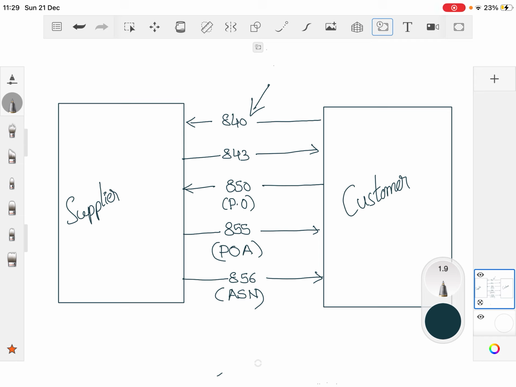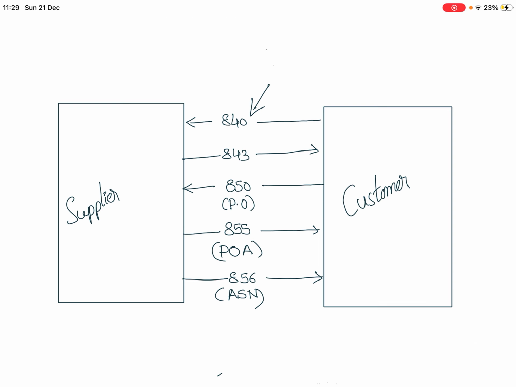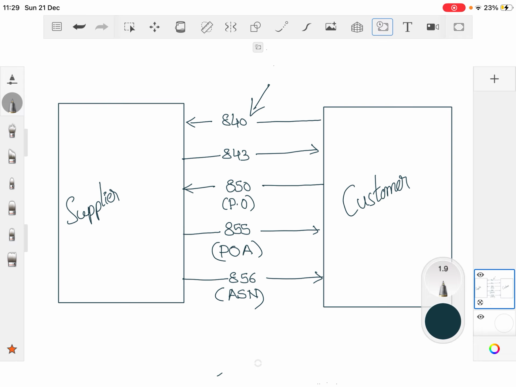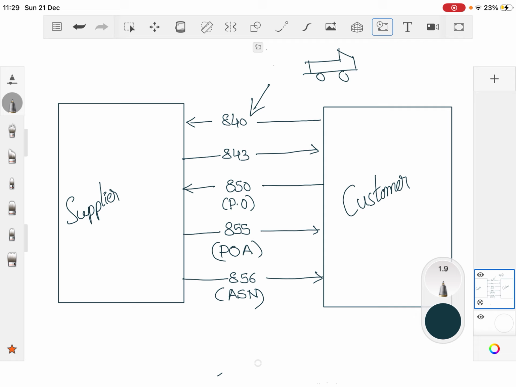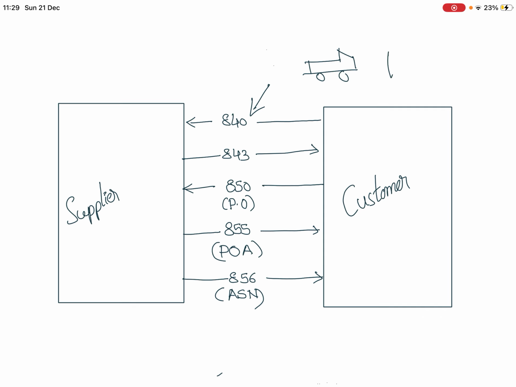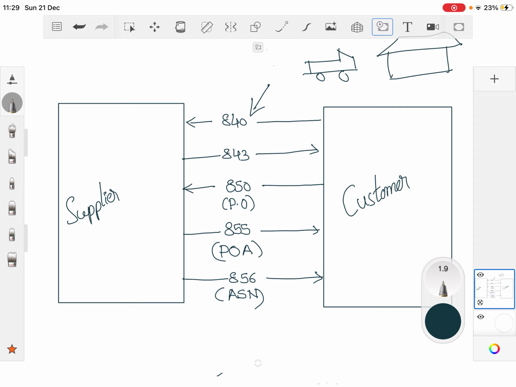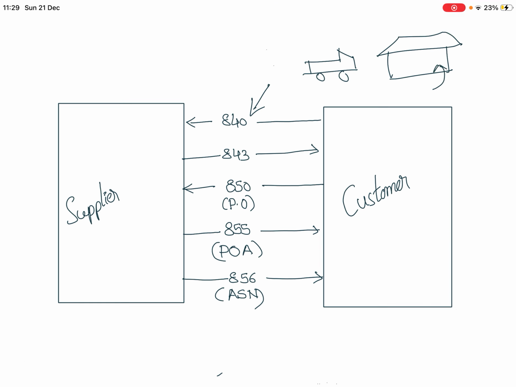The 856 has the information about the goods shipped. The physical goods will be sent via a truck and the soft copy of the 856 is sent via EDI, so that by the time the truck reaches the customer's warehouse, our ASN will already be in the customer's warehouse system.